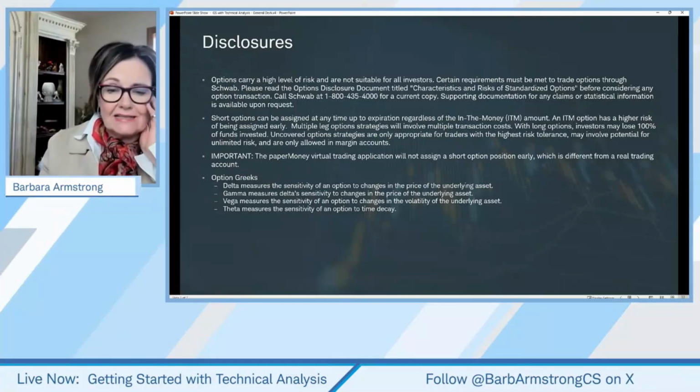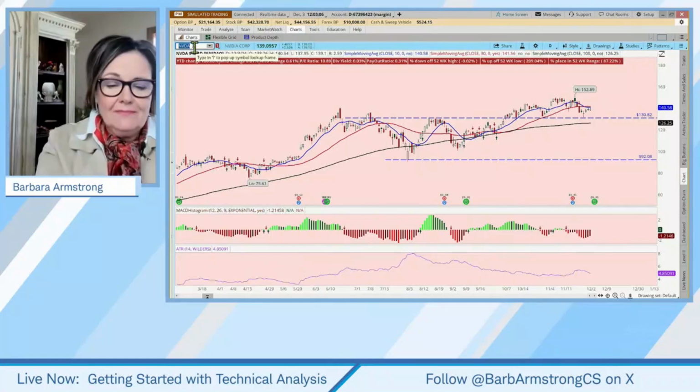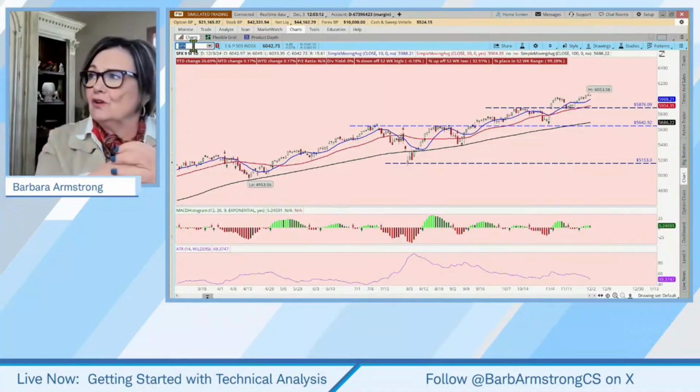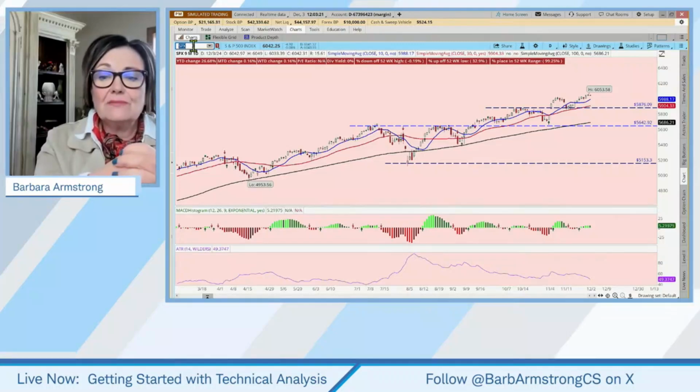Now, just to get us started, and I know that this is a Getting Started series, and in my Getting Started with Options series, I don't typically look at a market overview. But if we do look at what's going on in the markets, the S&P 500 is up 26% year to date. So it's very bullish.